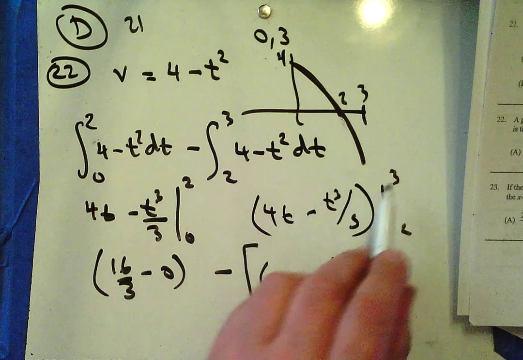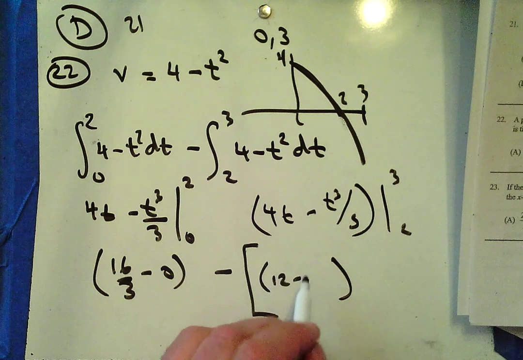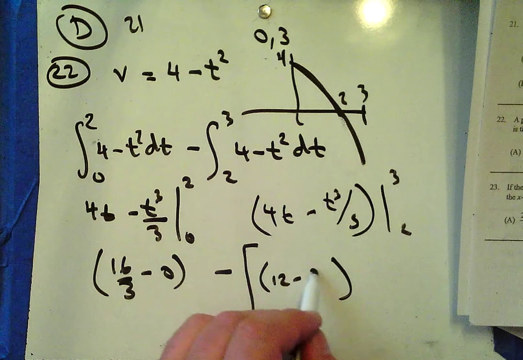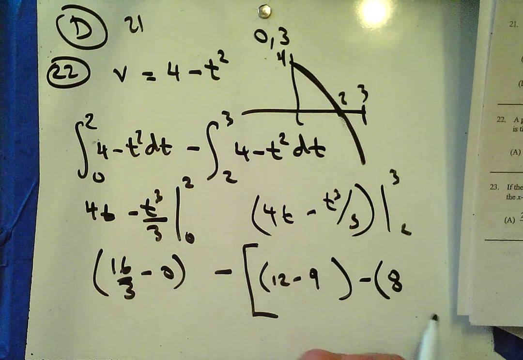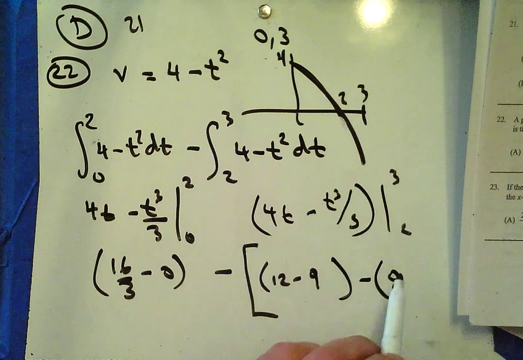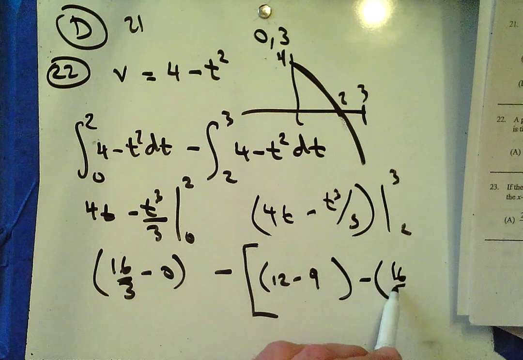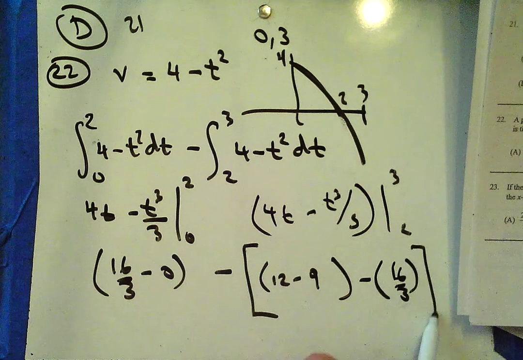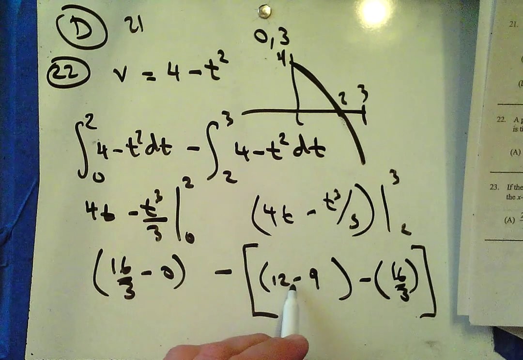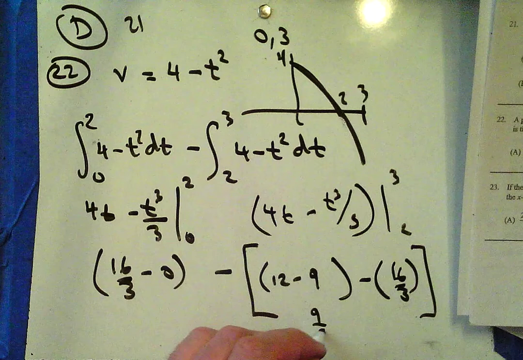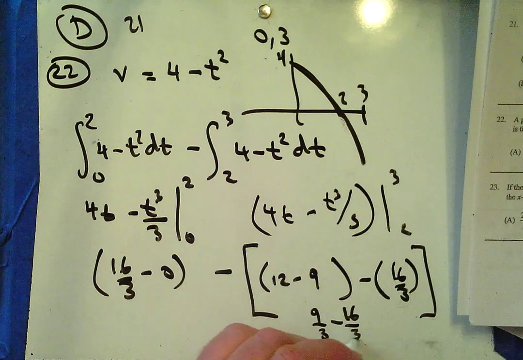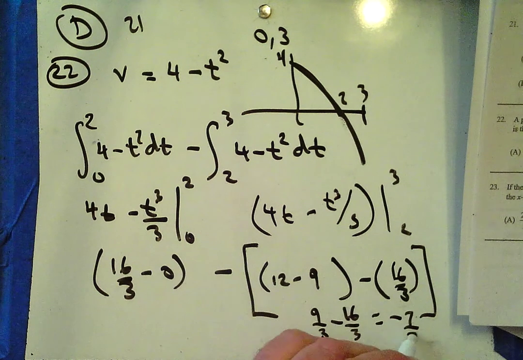If we plug in a 3, we get 12 minus 27 over 3 is 9. And then if we plug in a 2, we've already seen that we get 8 minus 8 thirds, or 16 thirds. Okay, so that's 3, or 9 thirds, minus 16 thirds, which is negative 7 thirds.